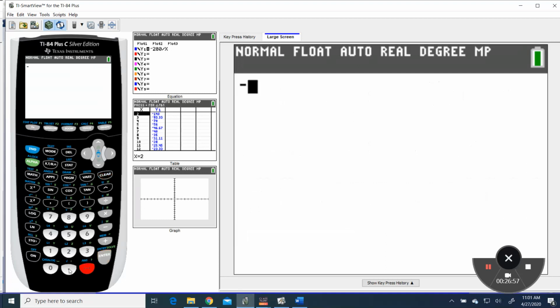So I have negative 0.7 times 3 squared. Whoa. Plus 2.1 times 3. No, not 0.21. 2.1.